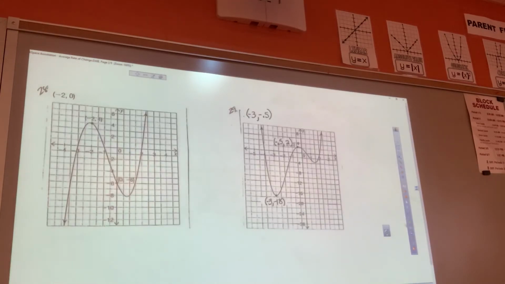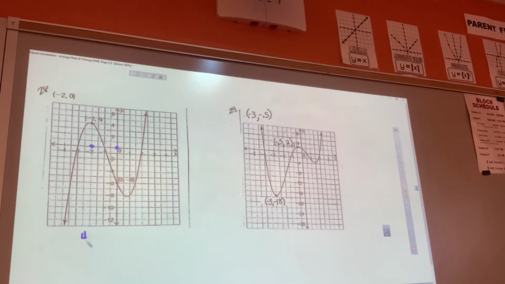Okay, then you will have some that will be graphs. What's your rate of change? You can look here and see we want to go from -2 to 0. How is my graph changing? I'm going to take my y's. Does it matter which one I start with? This one or this one? No, it doesn't.